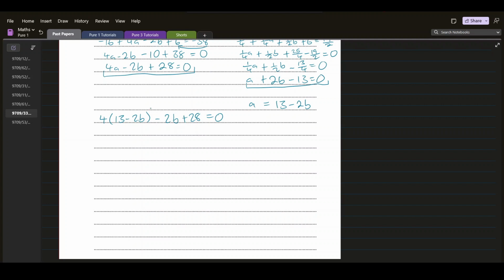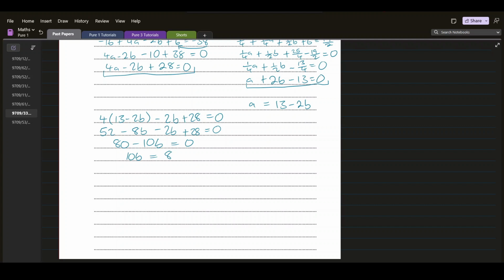So we've got 4 times 13, that's 52, minus 8b minus 2b plus 28 is equal to 0. So 52 plus 28 gives us 80. So 80 minus 10b is equal to 0.